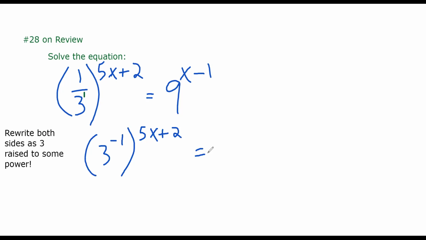Now 9, I can rewrite 9 like this. It's the same thing. 9 can be written as 3 squared, and then there's still an x minus 1 power over there. And now once I take care of rewriting the exponent, I'm going to end up with 3 raised to some power equals 3 raised to some power.